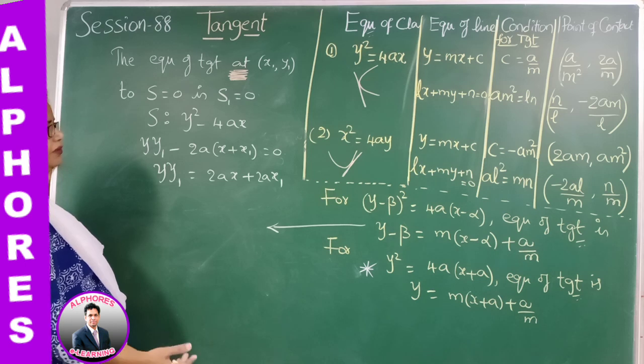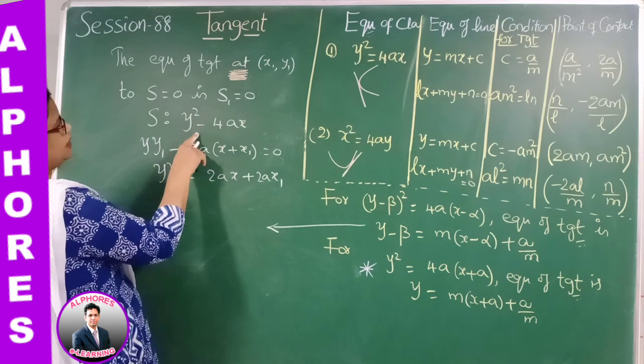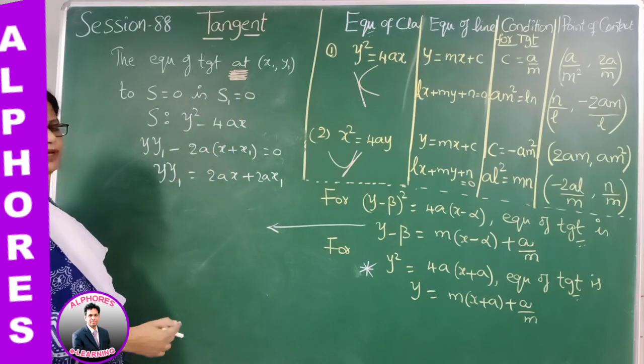Then we have a lot of interest in parametric coordinates. In the parabola, a lot of importance is given to parametric coordinates. What is our (x1, y1) for this standard form? It is (at square, 2at).